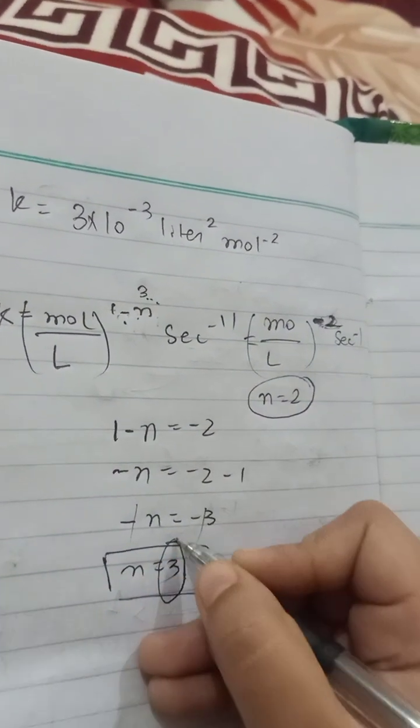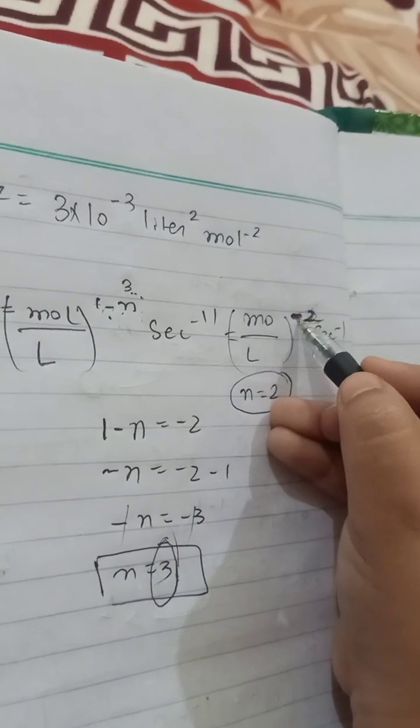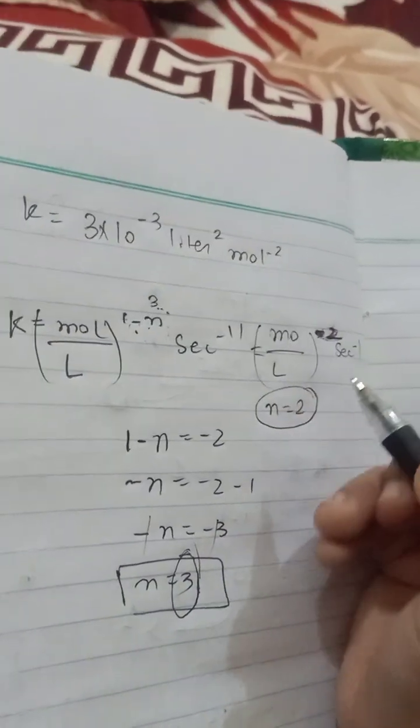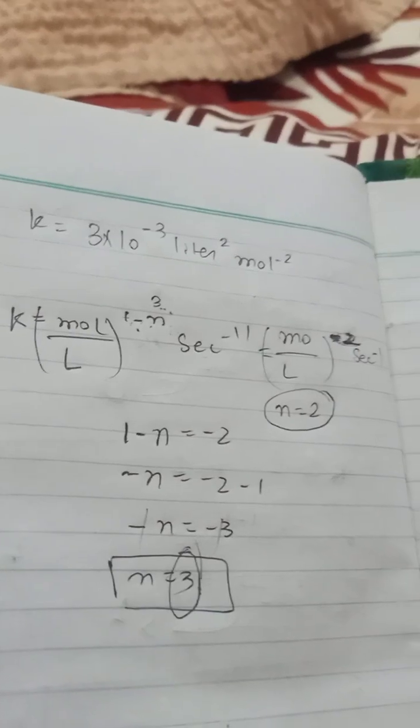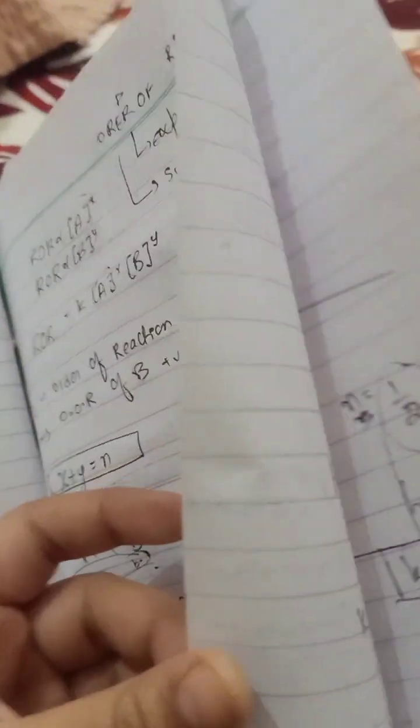So if you put the value 3, the order of reaction will be this. So this was about how we can find the order of reaction.